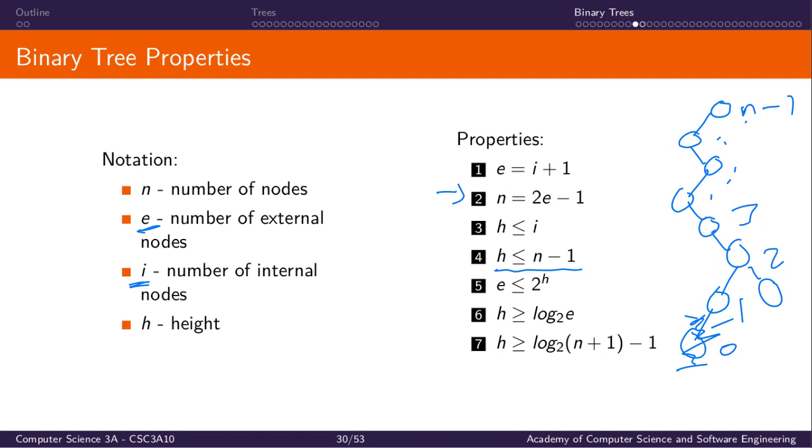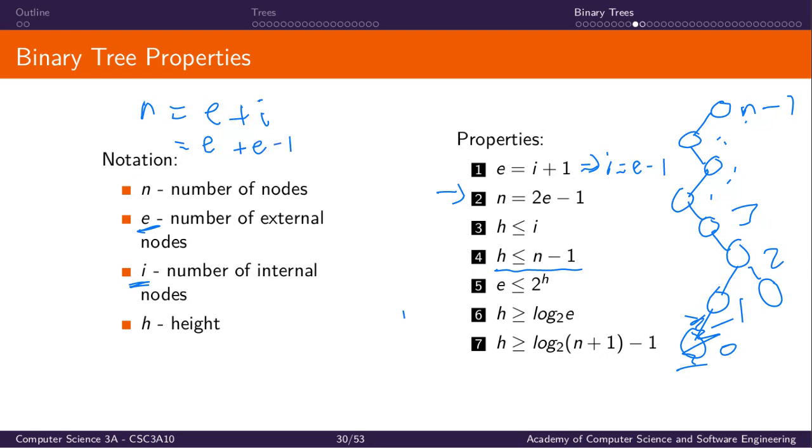And so the number of nodes is simply equal to E plus I. Then if I use property 1, that E is equal to I plus 1, to substitute for E, let me solve that first one for I. If E is equal to I plus 1, then I is equal to E minus 1.